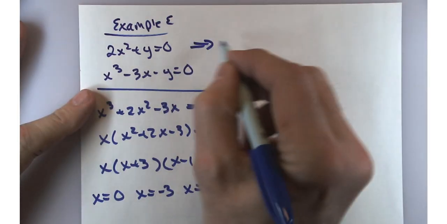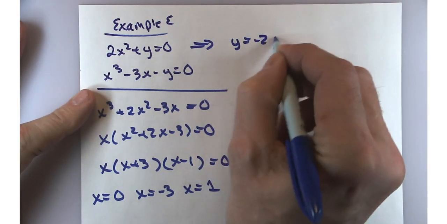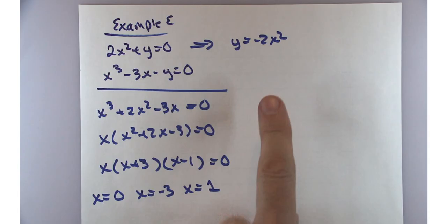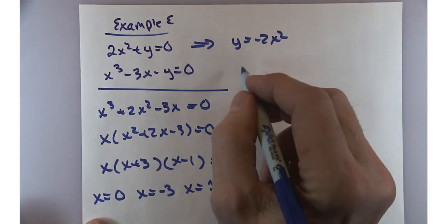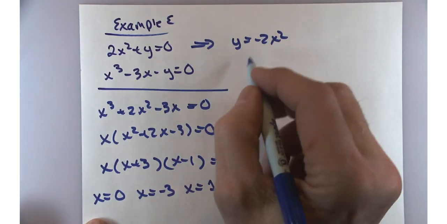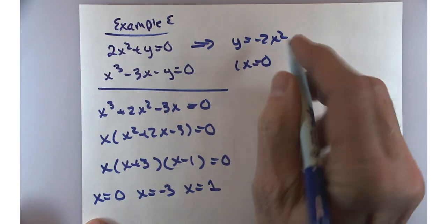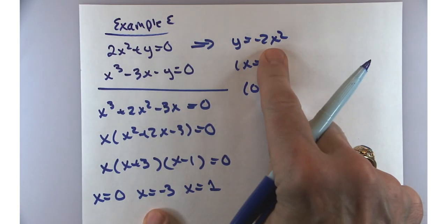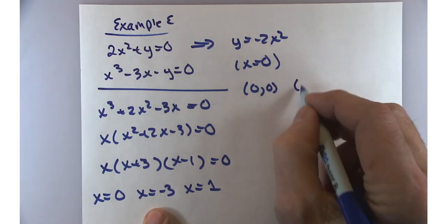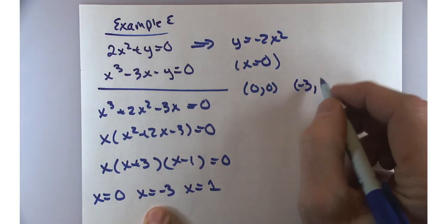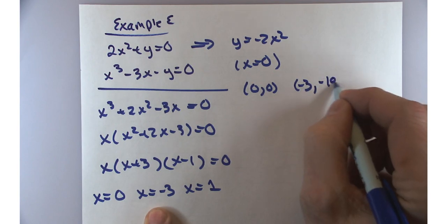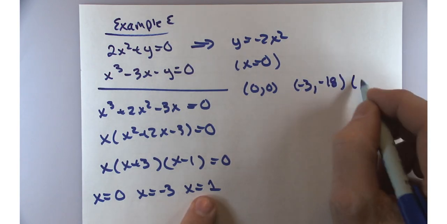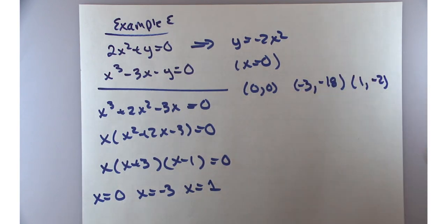Because remember, y equals -2x squared. So x equals 0 would give me y equals 0. So 0, 0 is a solution. If I plug in a -3, and you're careful, you'll get a -18. And if I plug in a 1, I get a -2.